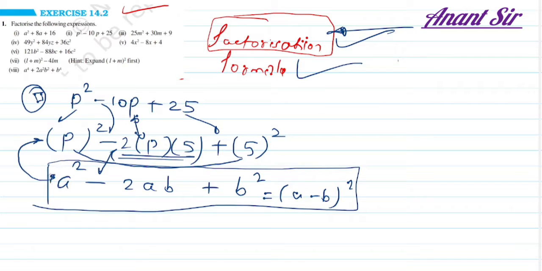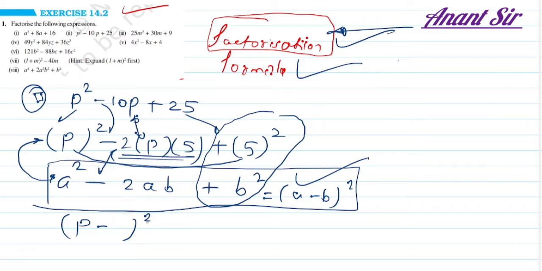It is p square. That means a is replaced by p in this answer. So in a minus b whole square, in place of a I am going to write p, and in place of b square there is 5 square in the question, so b is replaced by 5. So this is our final answer, friends: p minus 5 whole square.